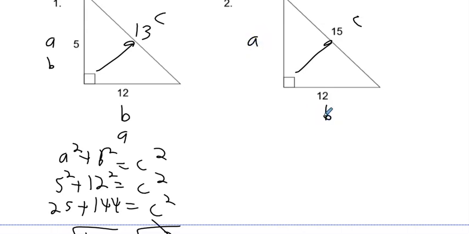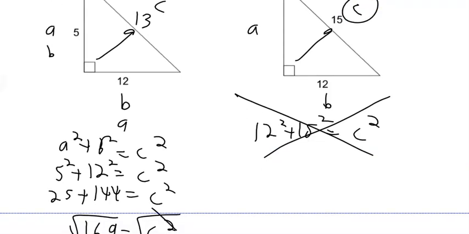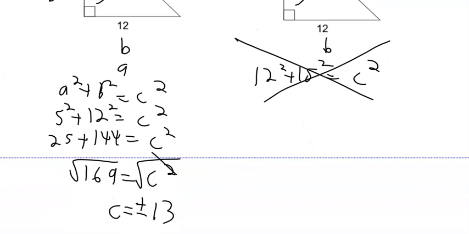Because here is what happens most of the time that's wrong. 12 squared plus 15 squared equals c squared. That's wrong. Okay? That is not the correct way to do it. Because look, where is 15? 15 is c. But that is what happens more often than not.